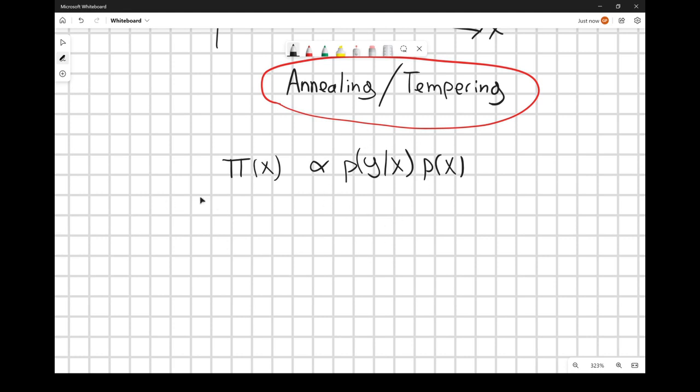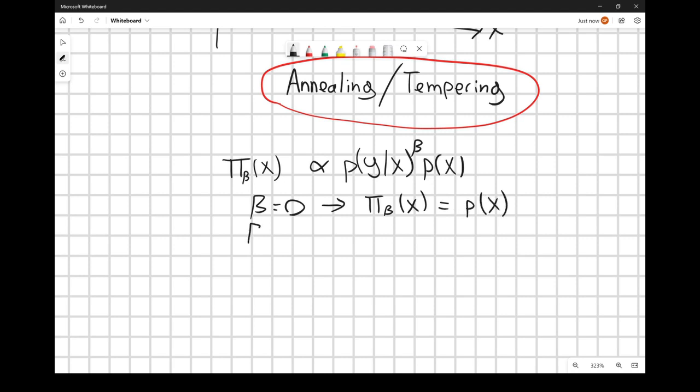So what we do with an annealing style approach is, rather than target the posterior immediately, we're going to write subscript beta here, and we're going to write the likelihood to the power of beta. So you can see that if beta is equal to 0, then our target distribution is just equal to the prior.